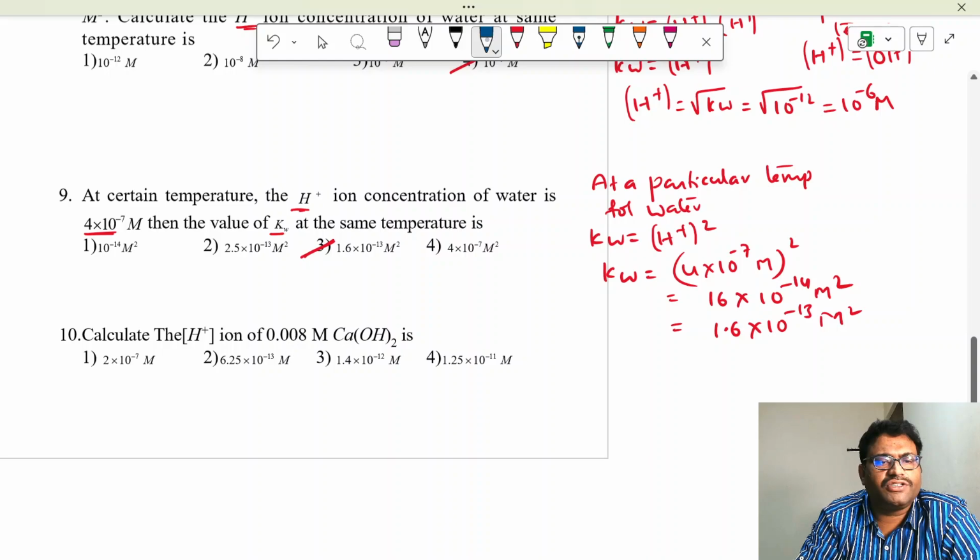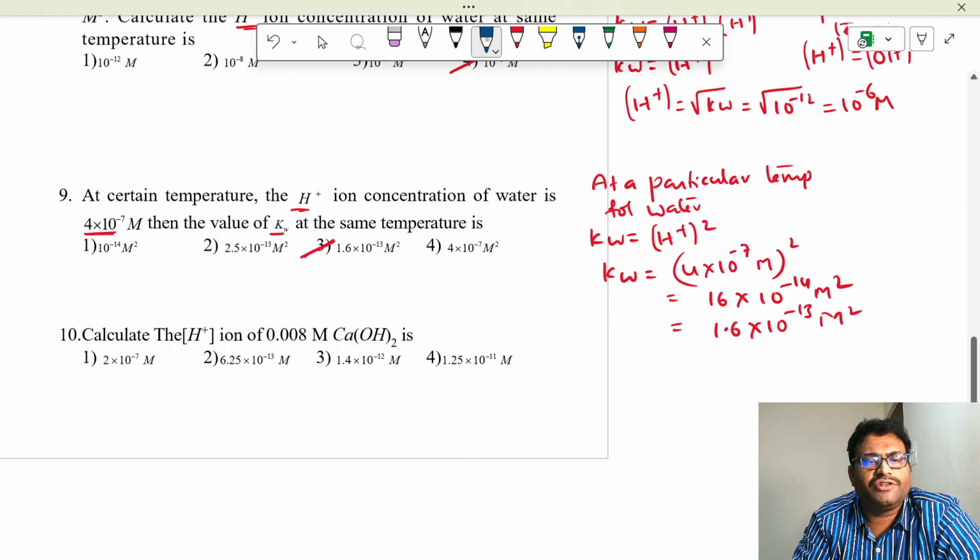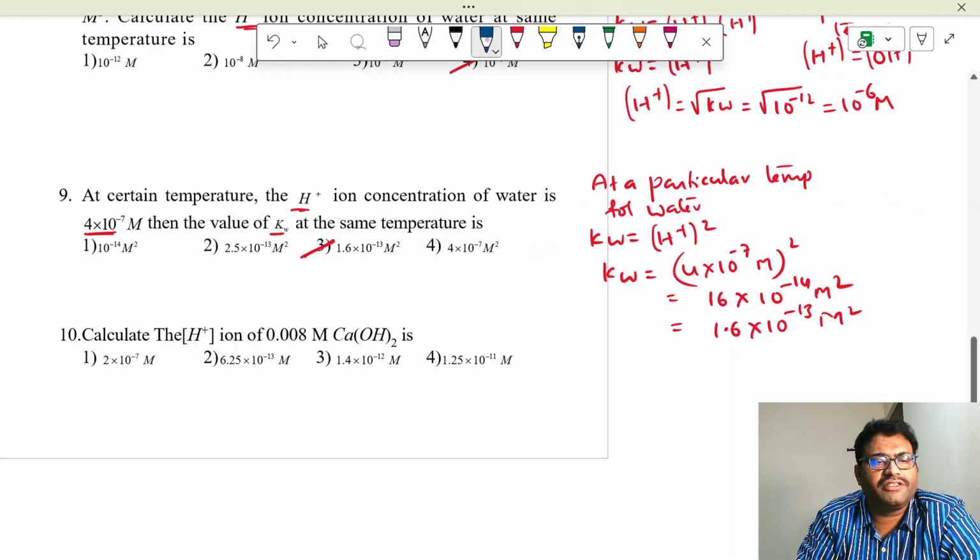Next, what is the question? Calculate the H plus ion concentration of 0.008 molar calcium hydroxide. So considering calcium hydroxide, it is a strong electrolyte. That means Ca(OH)2 gives rise to Ca 2 plus and 2 OH minus.